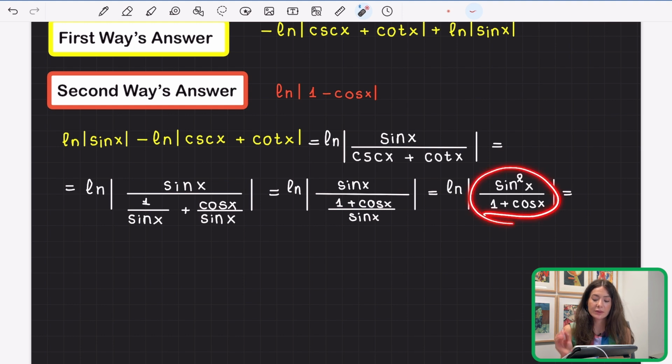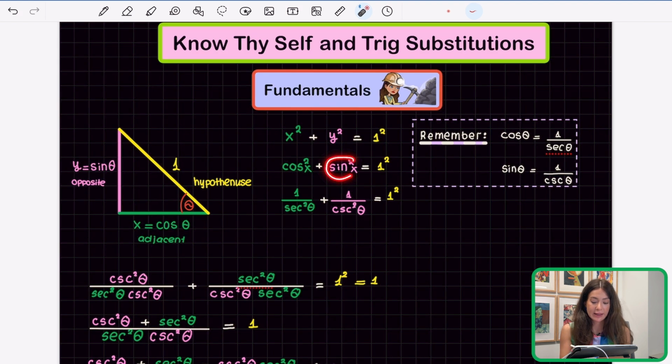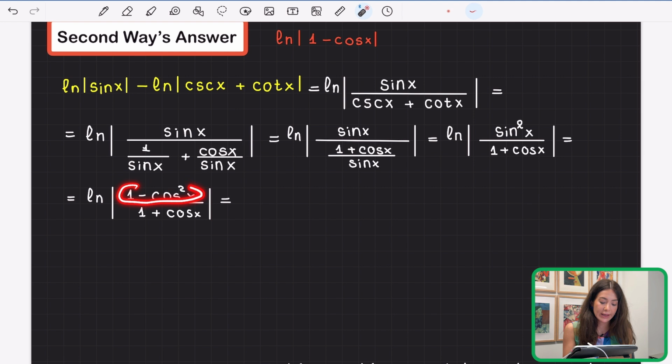So this is the expression that you have here. Well, remember we said that sine squared x equals 1 minus cosine squared x. That is what I'm going to rewrite sine squared x as. And remember that this is the difference of squares, right? This is squared, this is squared.